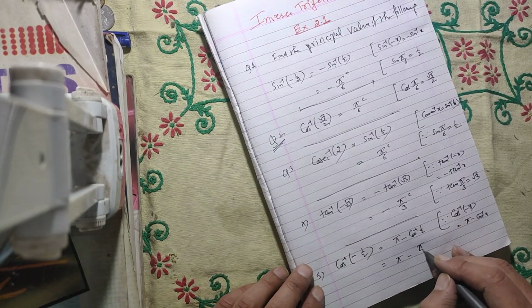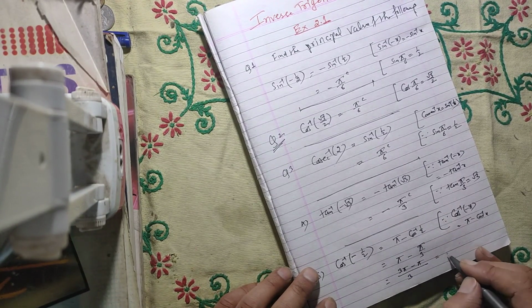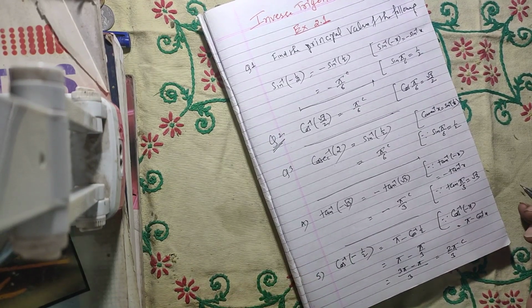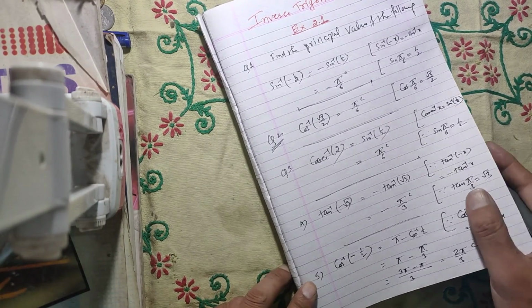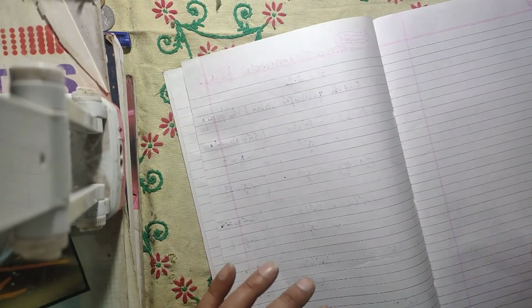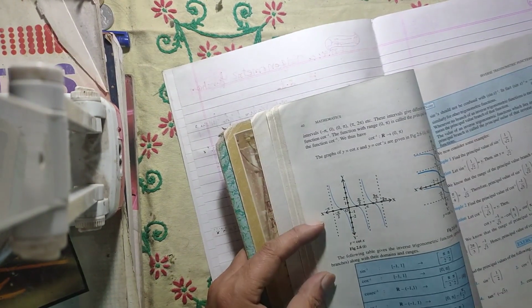It is the angle pi by 3. Further by taking the LCM 3 we get 3 pi minus 1 pi is equal to 2 pi by 3 radian. This is the question number 5. In the same way you can do the question number 6 yourself.